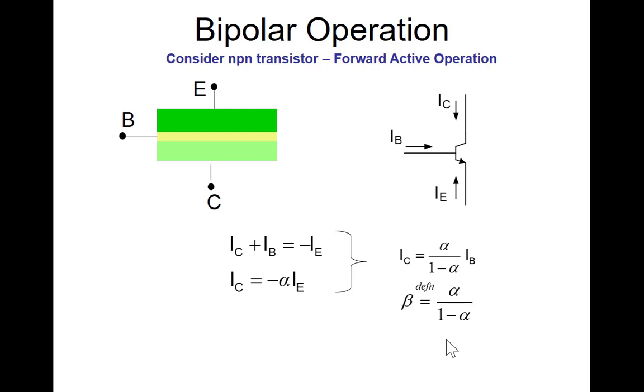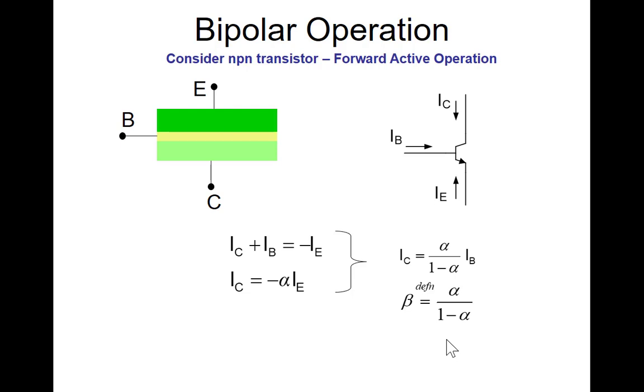We defined the parameter beta to be alpha over 1 minus alpha. So if you want to characterize the efficiency of emitter current contributing to collector current, we could either use alpha or we could use beta. It's another measure of the efficiency. So beta is equal to alpha over 1 minus alpha.